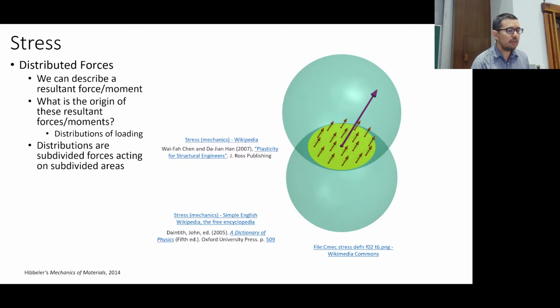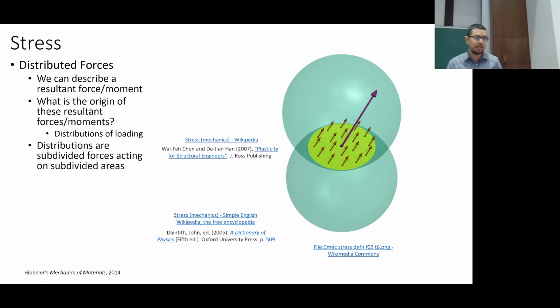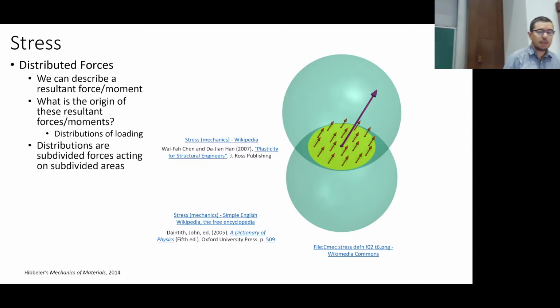You all are very good at figuring out what internal forces are. You've done that a lot. We all have done it. We're all good at this. Hopefully I'm good at it too.